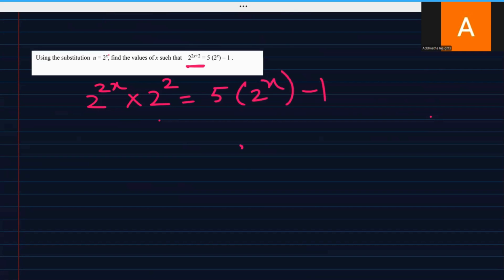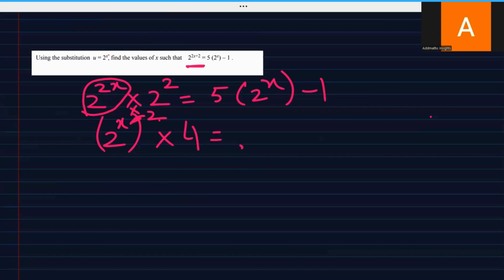Again, you can express this like this, (2^x) whole squared, by laws of indices. We apply laws of indices and break it, and 2 squared becomes 4. And this is 5 times 2 raised to the power x minus 1.